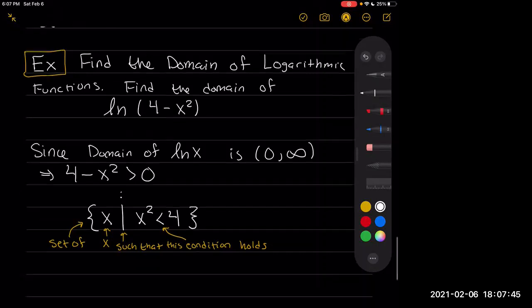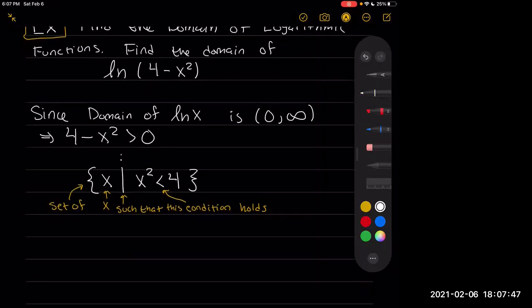So now we're able to do some work within this set. This is the set of x such that the absolute value of x is less than 2. How we got here is we took the square root of both sides, and since we're working with an inequality, we need to have an absolute value on the x.